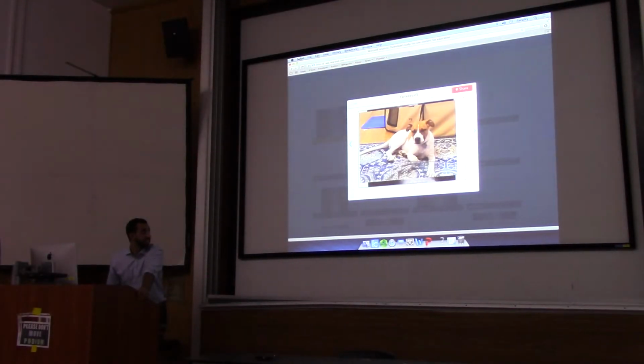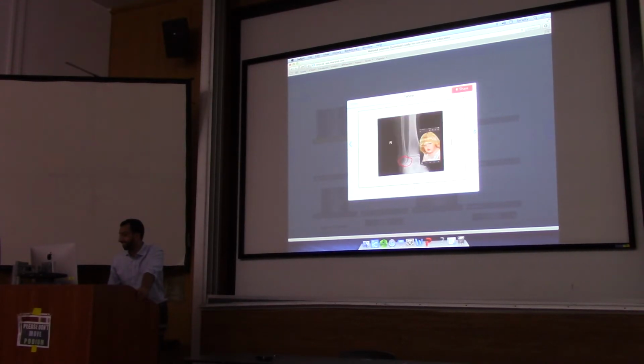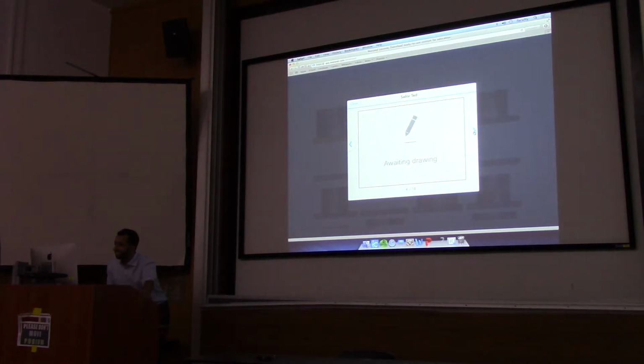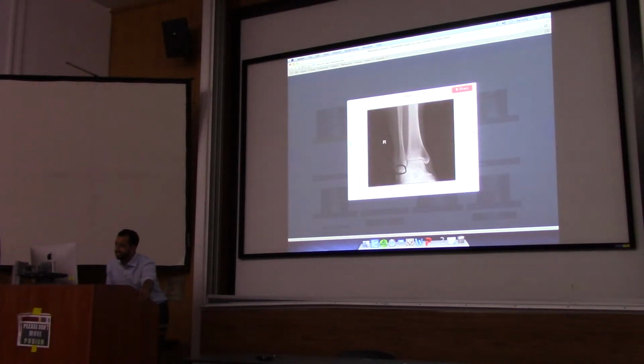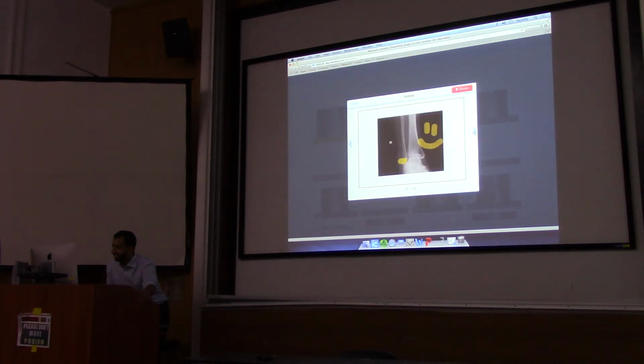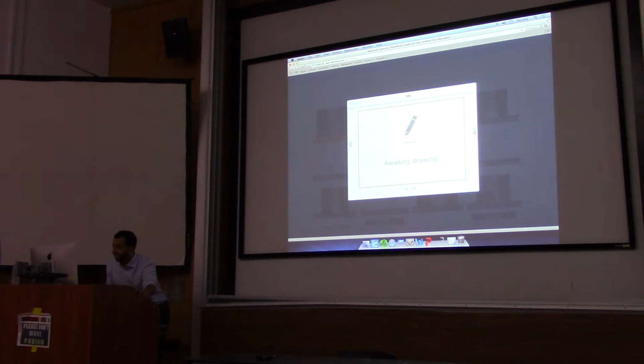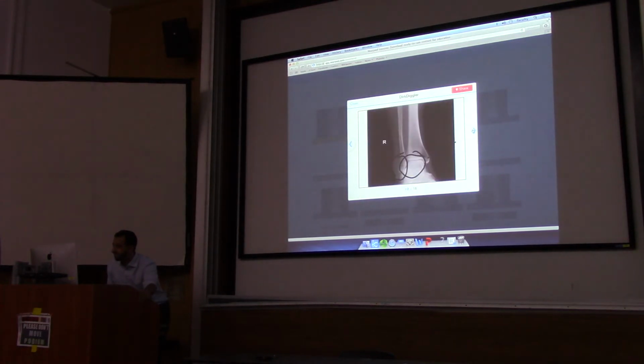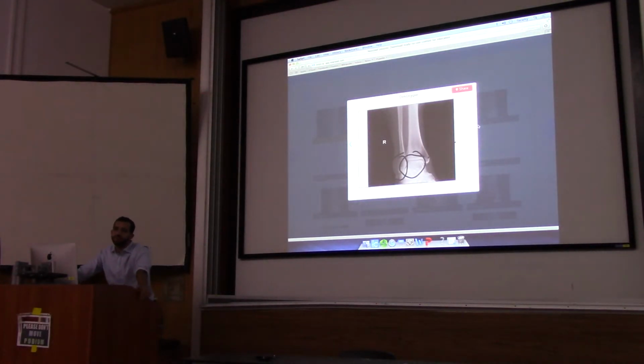Fracture here. This is somebody's dog. That can work too. But no one's guessing what type of fracture this is.